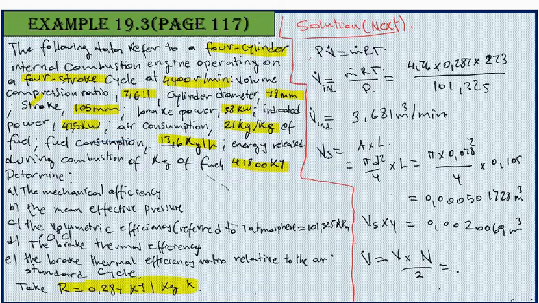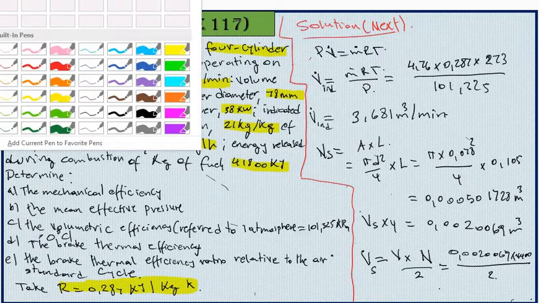So if I now replace this, I multiply by the rotational speed, which is 4400, divided by 2. That is the total swept volume.